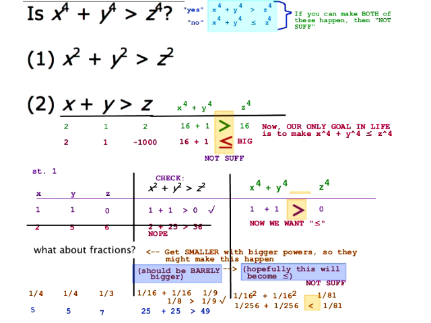Just barely, yeah, you're right. That's what we want. We want it to be really close. And then x to the fourth plus y to the fourth, that's 25 times 25 plus 25 times 25, then that's 49 times 49.